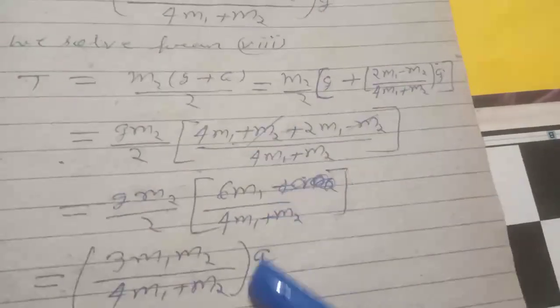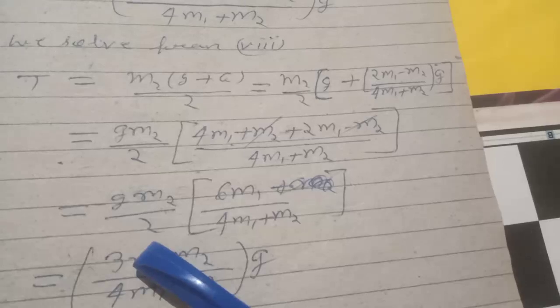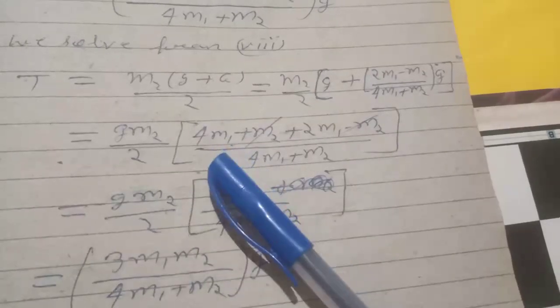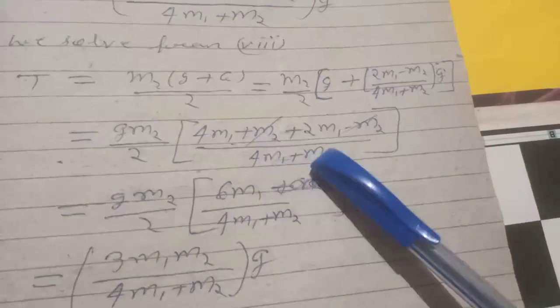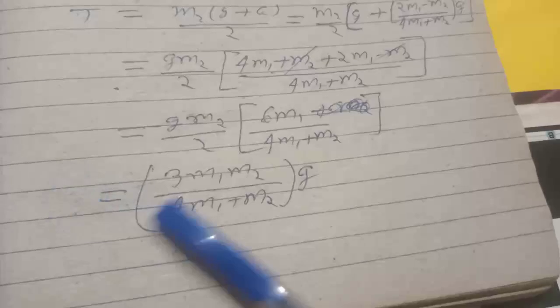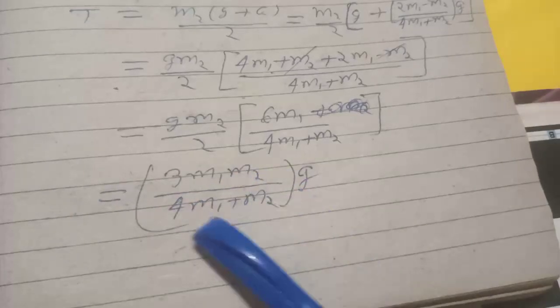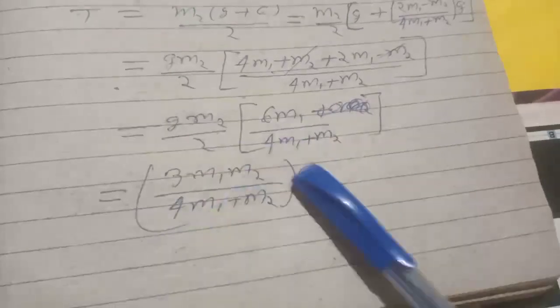Now the m2 terms will cancel out, so g into m2 by 2 times 6m1 divided by 4m1 plus m2, or we get T equal to 3m1m2 divided by (4m1 plus m2) into g.